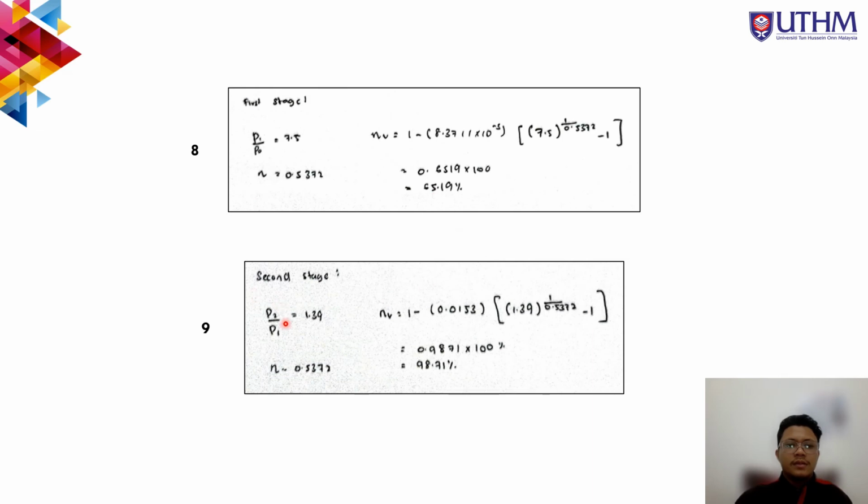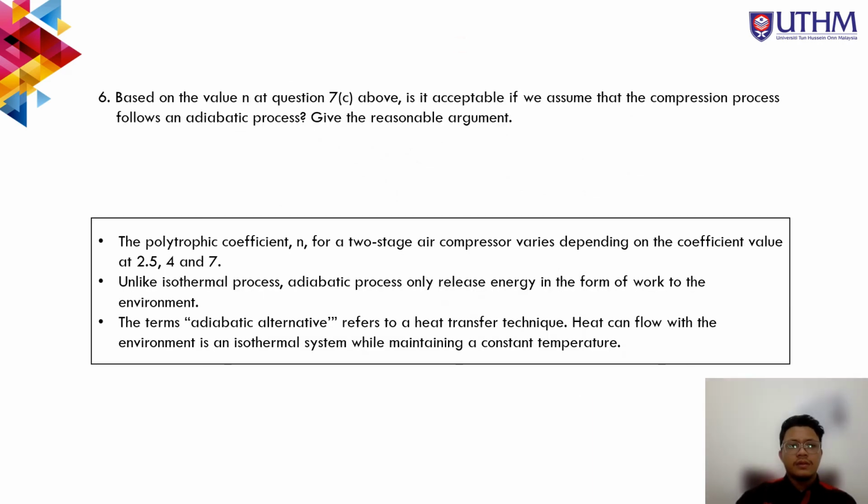For the second stage, P2 per P1 is 1.39, and you insert the unknown values in this formula, and the efficiency for the second stage is 98.71%.